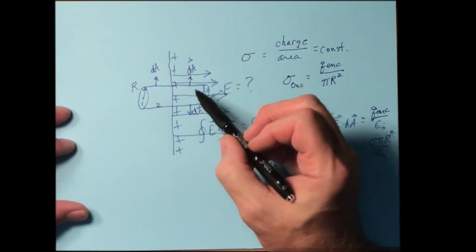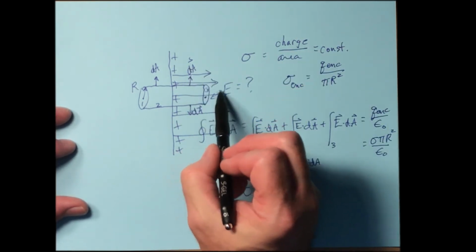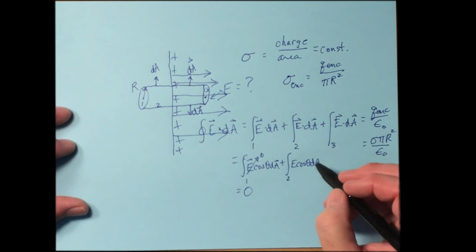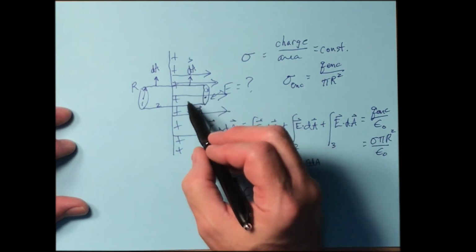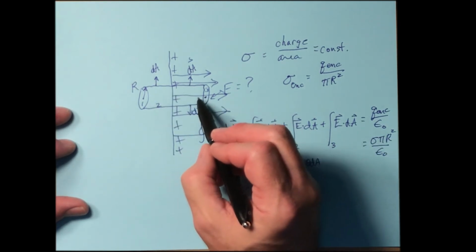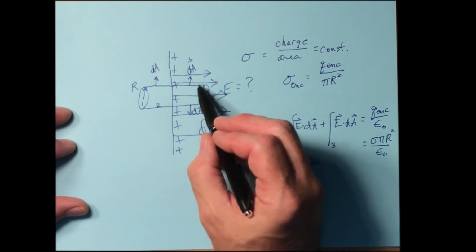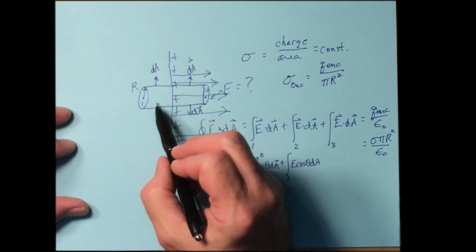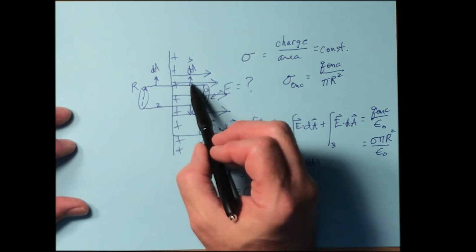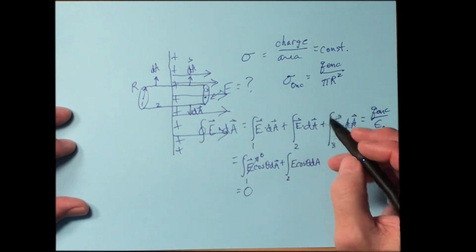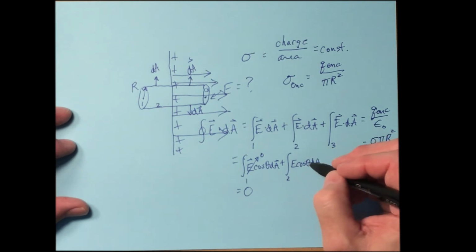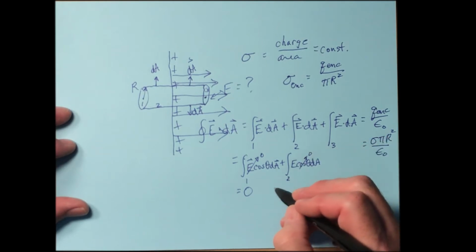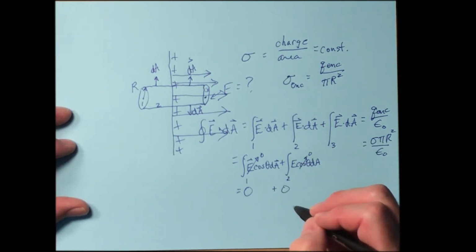The point is the dA vectors are always perpendicular to the electric field lines. So theta over area 2 is always going to be 90 degrees where there is an electric field. In here it doesn't matter because there's no electric field, but out here it does matter and the angle is 90 degrees. So what's the cosine of 90 degrees? It's 0. So that goes to 0 and this becomes 0 as well.